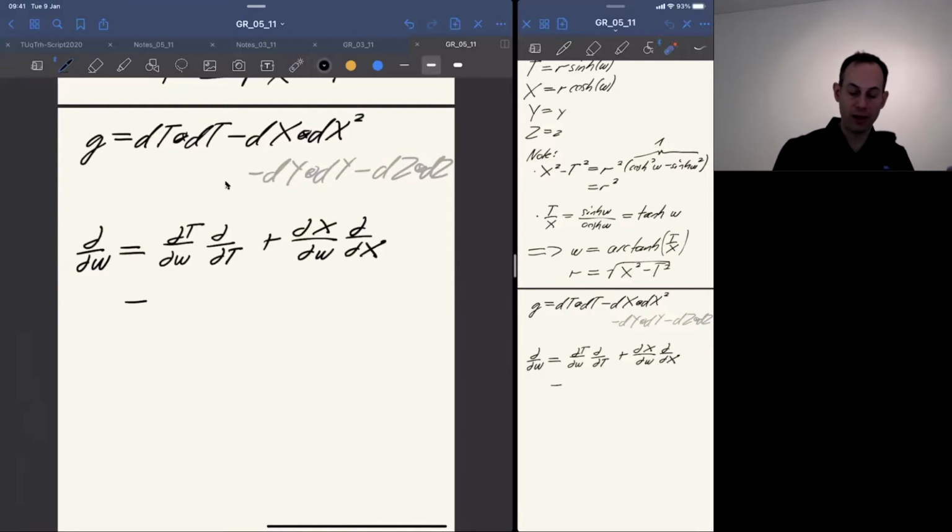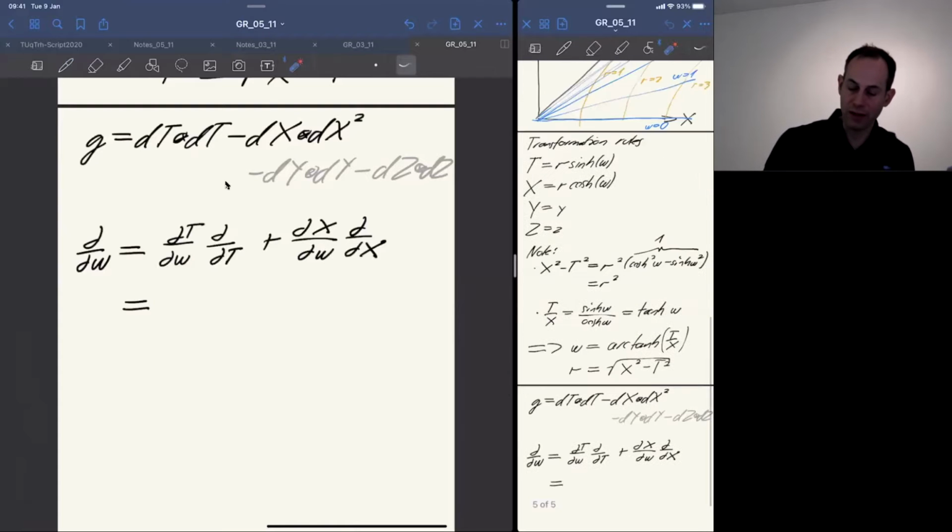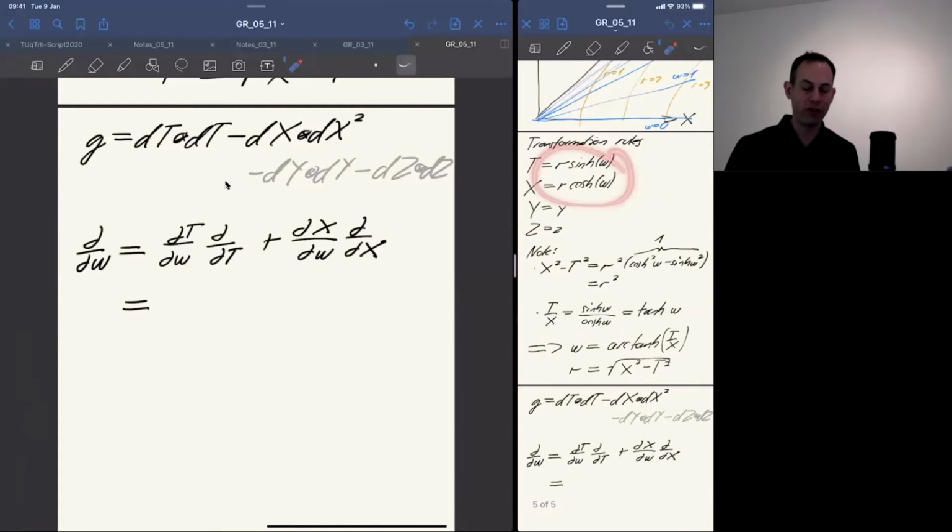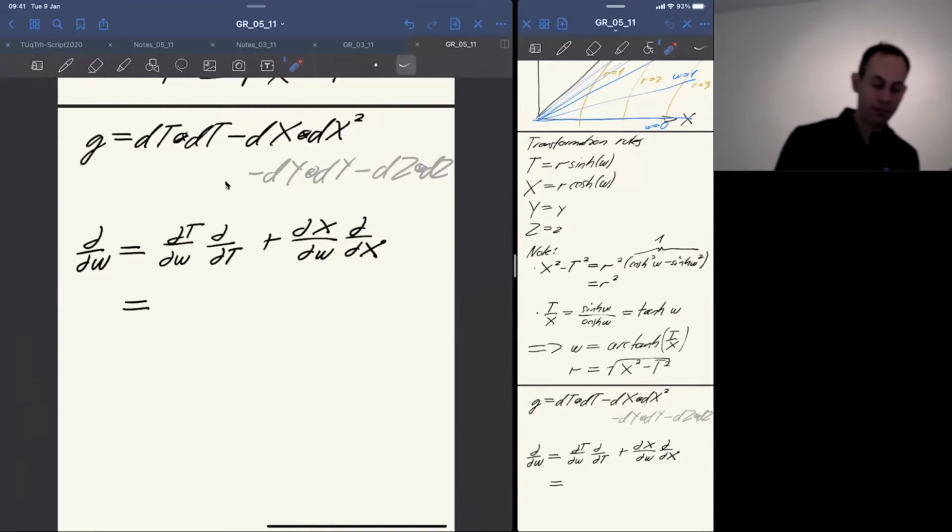And now I can just calculate that. So I just take the derivative of t with respect to ω and so on. We have these expressions here, and of course, these derivatives are very easy to take. You should just know that the derivative of sinh is cosh, and the derivative of cosh is sinh.